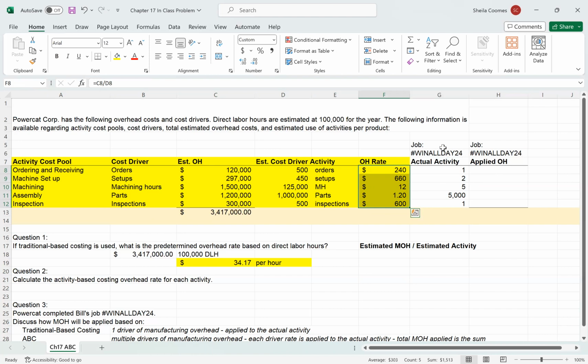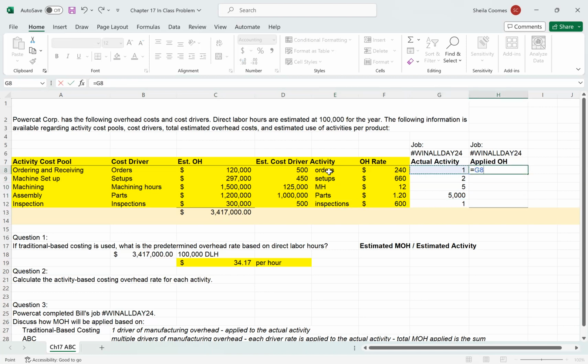So what I need to do for my particular job is figure out how many orders, how many setups, how many machining hours, how many parts, and how many inspections. And then I apply that overhead per driver. So I'm going to take my actual activity. So for Win All Day, it's one order times my rate. Pretty easy.